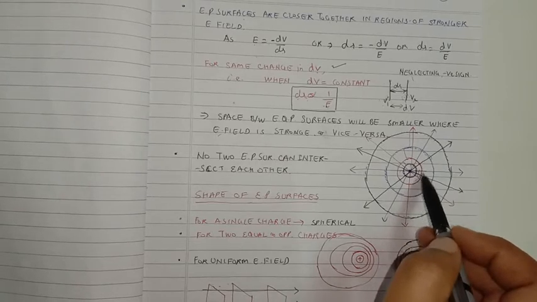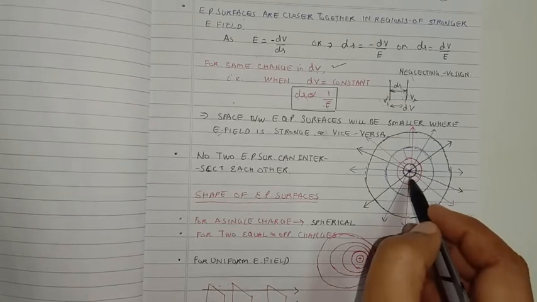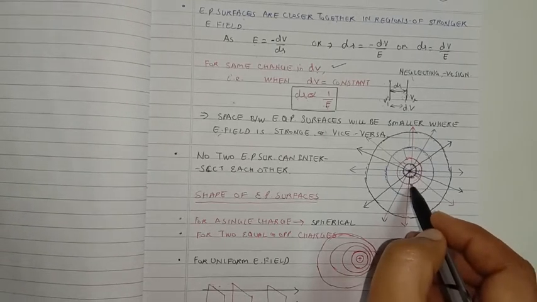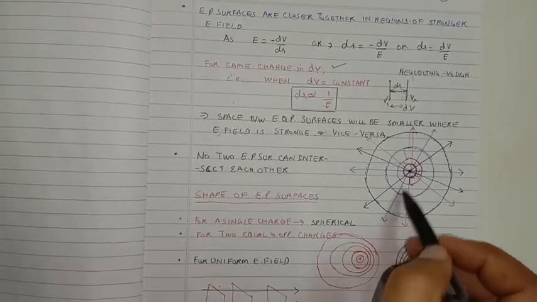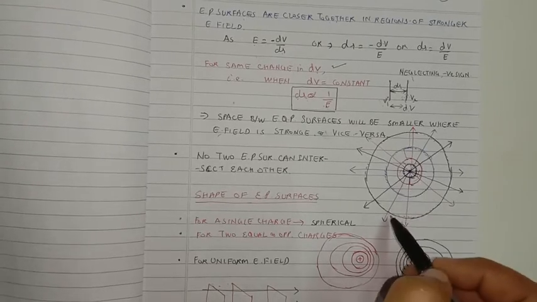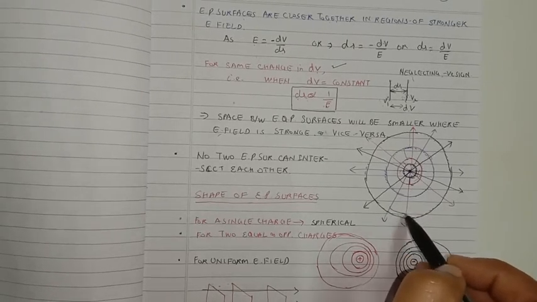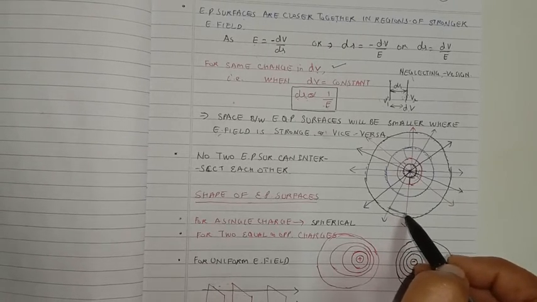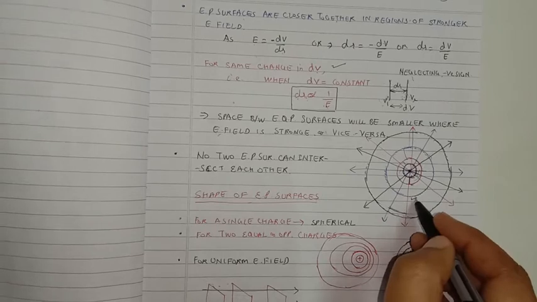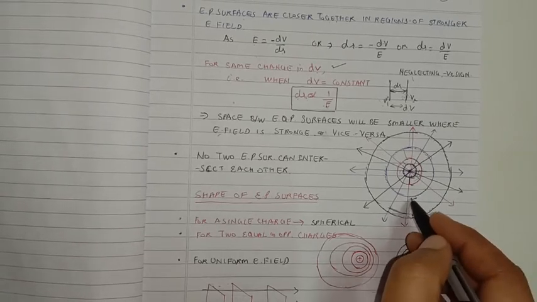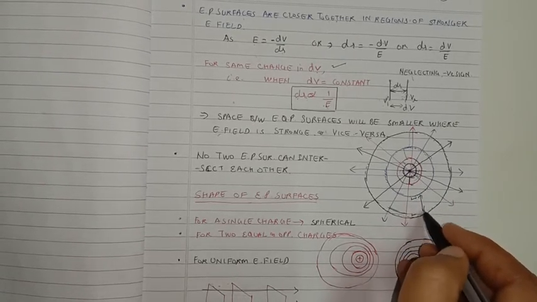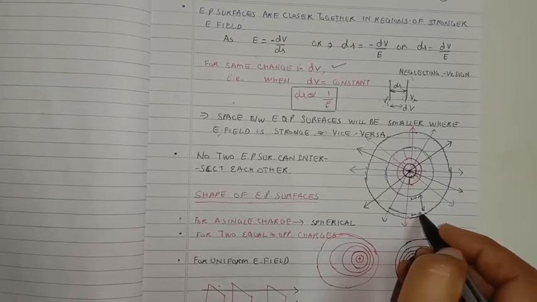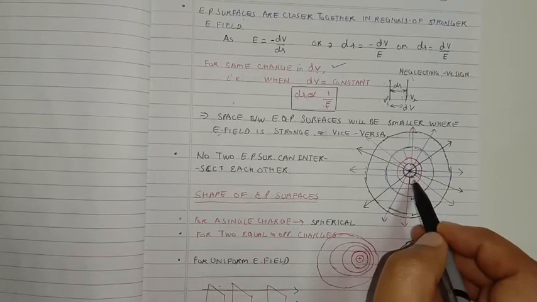So in the stronger field regions, the gap between two equipotential surfaces is small, but at a larger distance from the charge, the gap between the electric field lines increases, which indicates a decrease in the electric field strength. So the distance between two consecutive surfaces increases by a large amount, so as to produce the same change in potential as there was between these two surfaces.